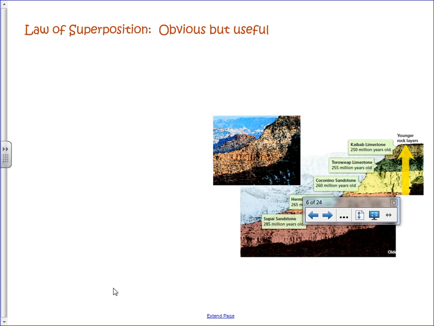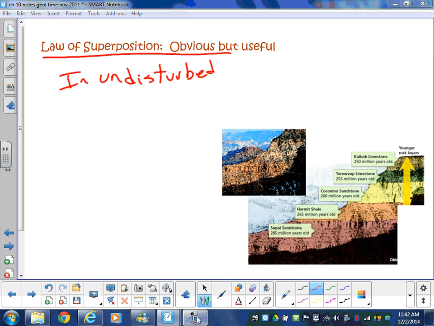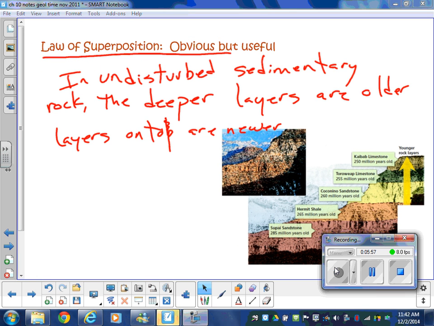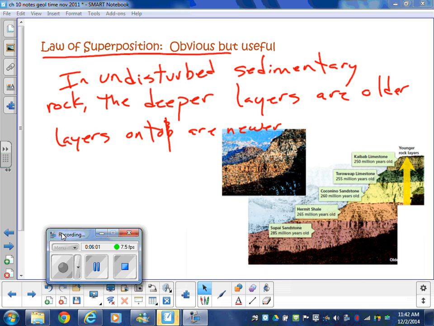So the law of superposition, does anybody have this from what you read yesterday? It is the super obvious observation that in undisturbed sedimentary rock, layers form and then newer layers form on top of them, and new on top of those.